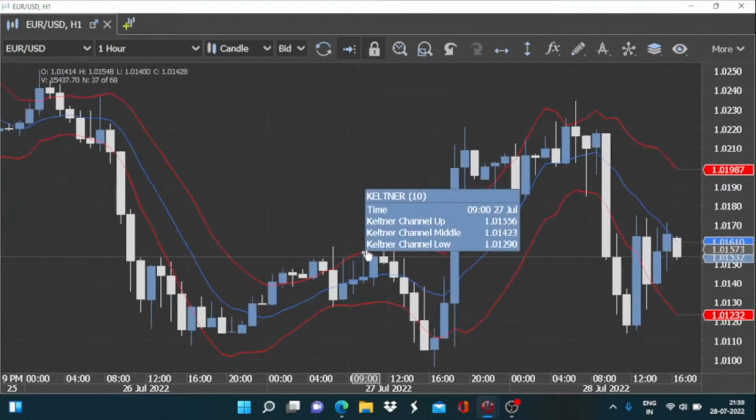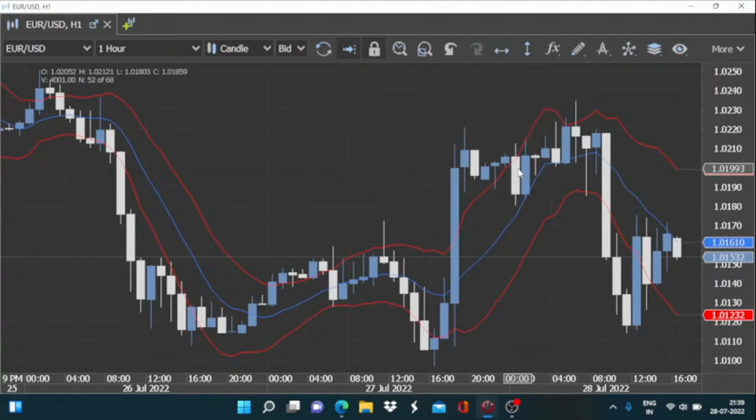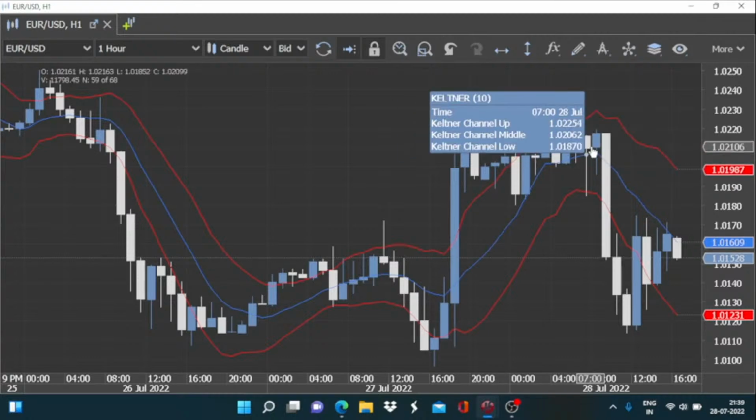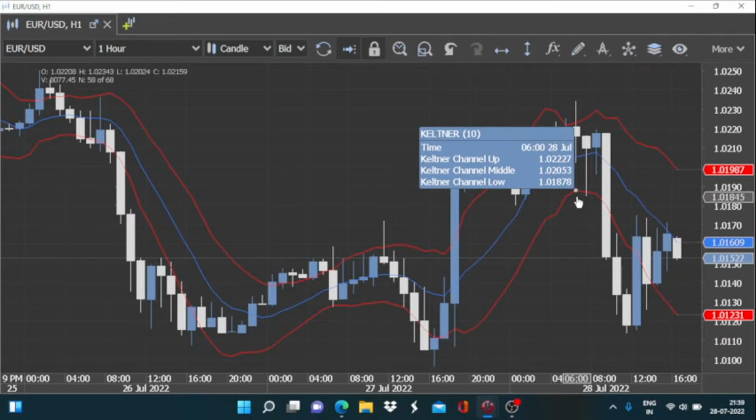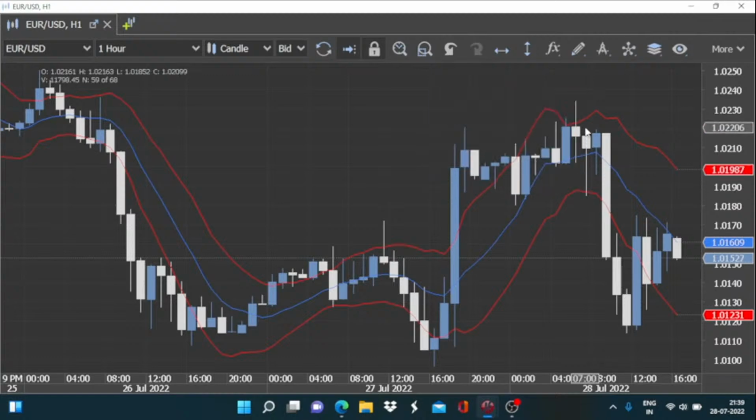Here, as you can observe, when the volatility is quite less, when the underlying instrument is moving in a narrow range, we have this formation where the EMA is sloping mostly sideways, and these bands have also contracted and are converging close to the price action.